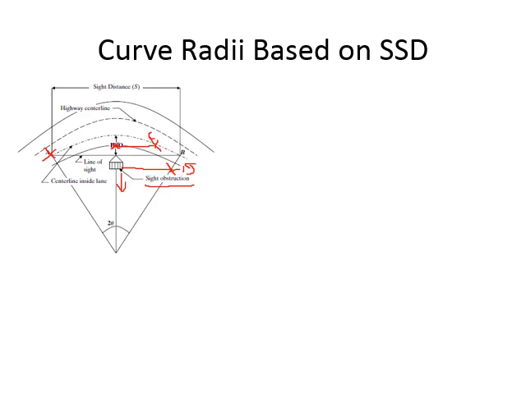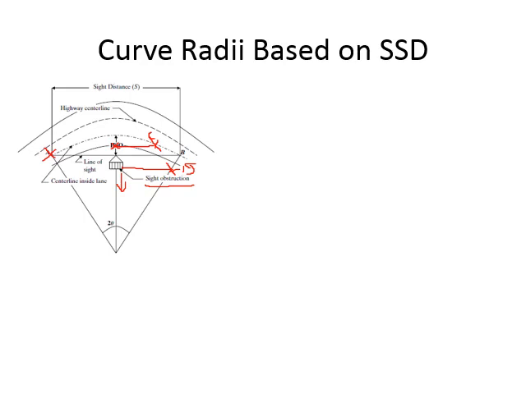So now let's say the distance to which you can see on the road is your sight distance. And it should be equal to the required sight distance for stopping, which we say is our least criteria, the minimum safe criteria. And the angle which is made by this curve is 2 theta.